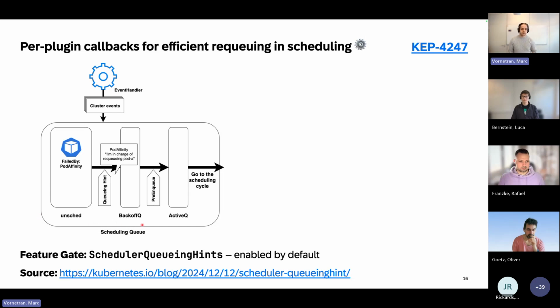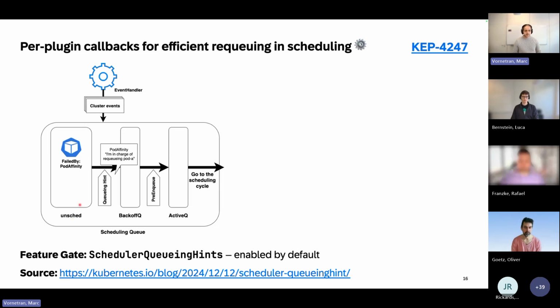Maybe most important to know is that there are different queues within the scheduler. So you have the active queue for newly created or updated pods to be scheduled. You have the backoff queue where, based on certain parameters, pods have to wait before they're tried for scheduling again. And you have the pool of unschedulable pods that wait for certain cluster conditions to change or cluster events to come in before they can be scheduled again.